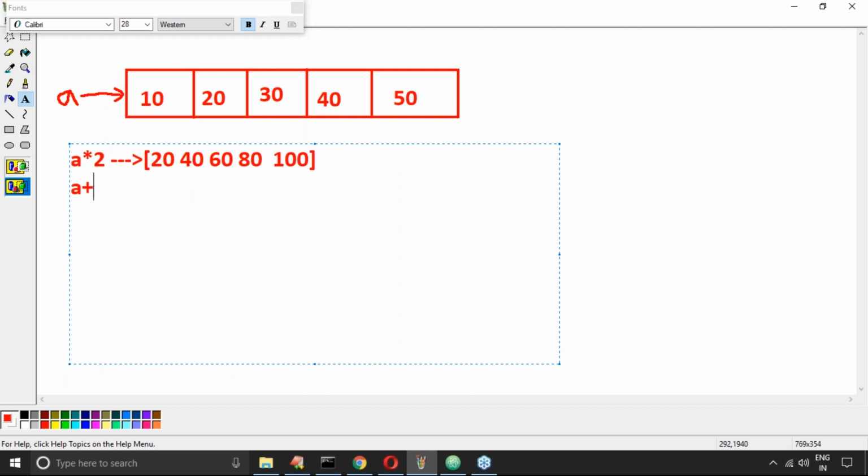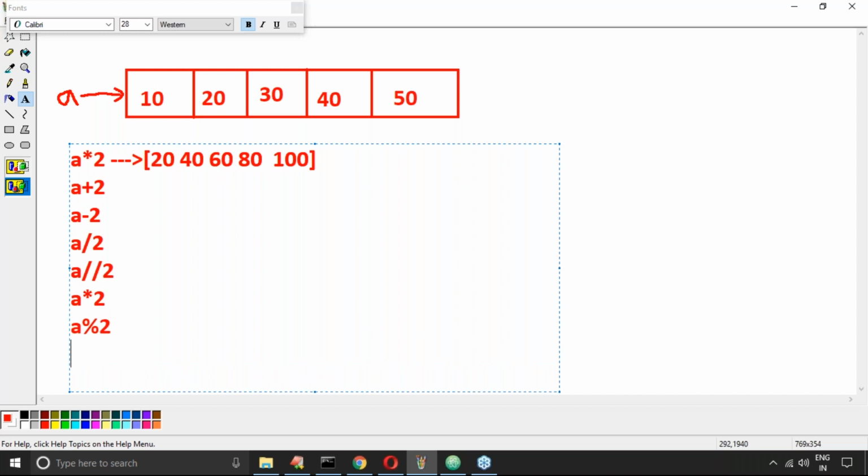Similarly a plus 2, a minus 2, a by 2, a floor division 2, a star 2, a modulo 2, a power 2. Happily you can apply all these operators, no problem at all.